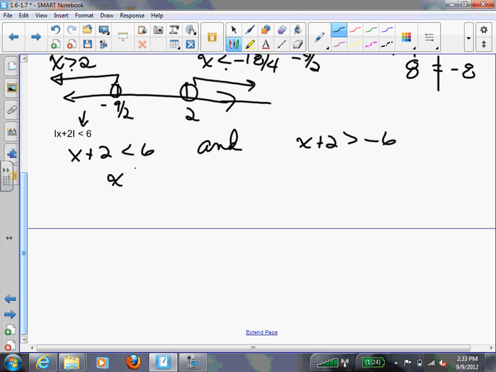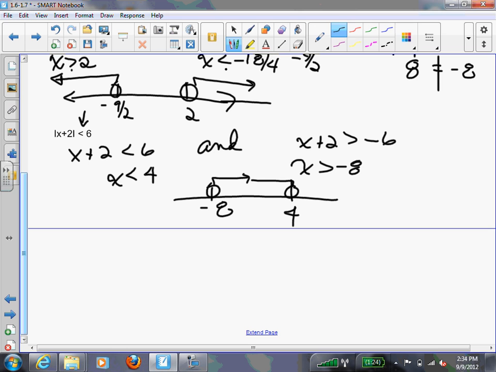And so we're going to say here x is less than 4 and x is greater than negative 8. And so here's negative 8 and here's positive 4. Open intervals again because there's no equal sign in our inequality. Greater than negative 8 and less than positive 4 means that we are just going to go in towards each other. And that's what that graph looks like.